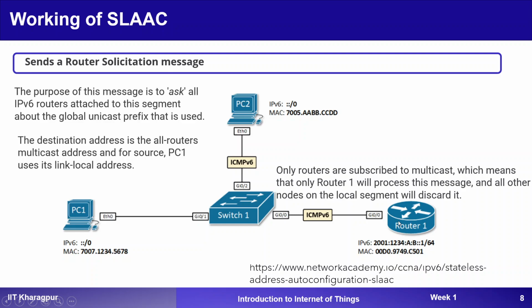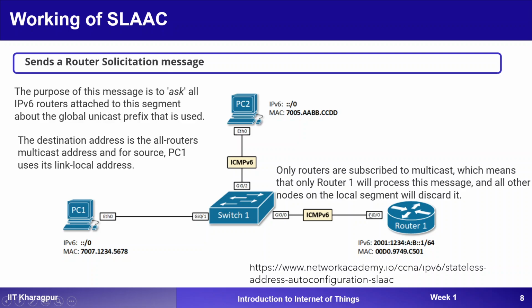A router solicitation message is just an ICMP message which a system sends to various routers in that particular unicast network, and if that particular router has that address, then it will reply that it has. Otherwise, that particular address can be considered as one of the possible IP addresses that can be assigned to the system.